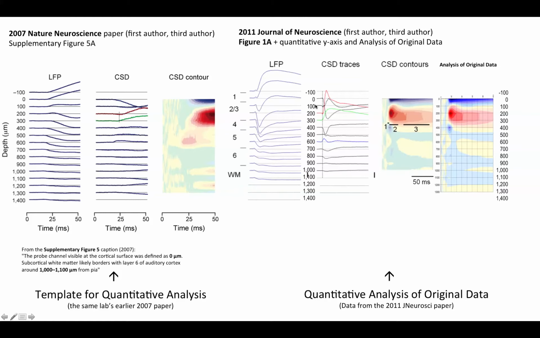And you can see that the entire analysis throughout the paper consisted of comparing a trace recorded at layer 2 at a depth of 200 microns with a trace recorded at a depth of 300 microns. So all they were doing was comparing layer 2-3 activity with layer 2-3 activity, which is really rather embarrassing and tragicomic.